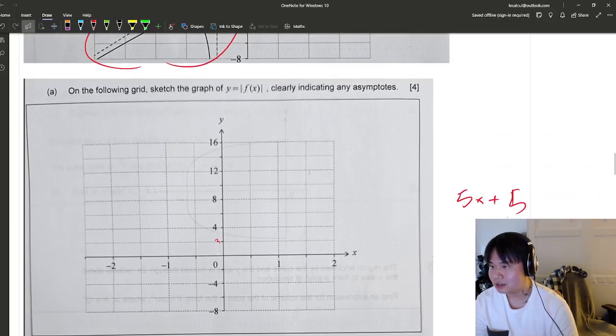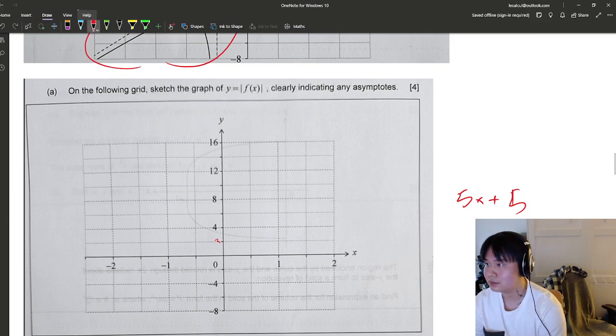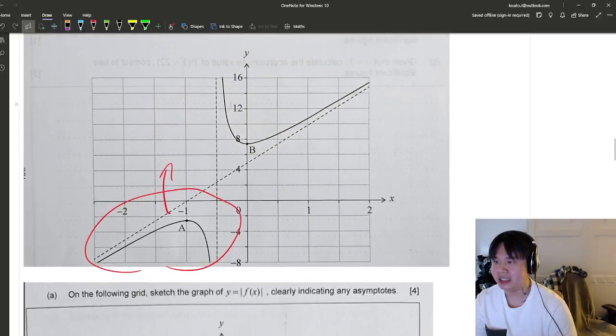Oh my god, dude. Okay, let's just sketch the part that doesn't change, the invariant part. So that would be anything that's above the x-axis. So this part here.